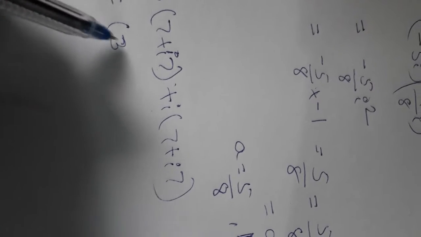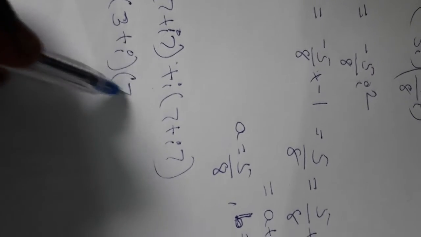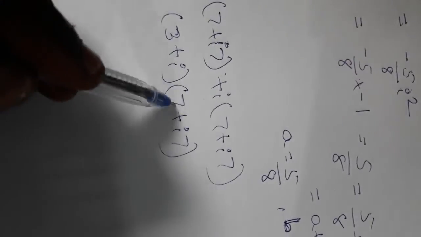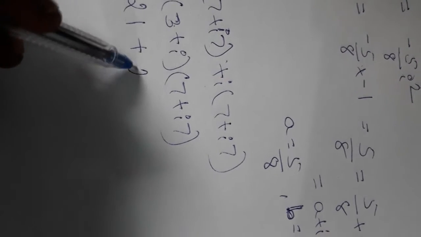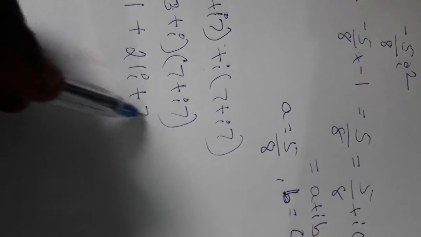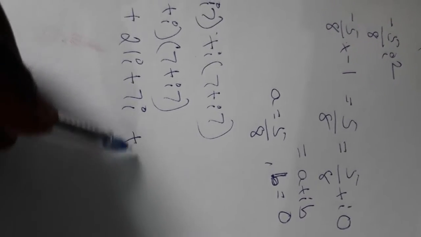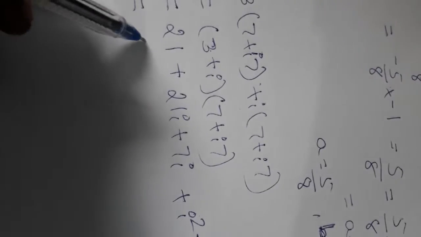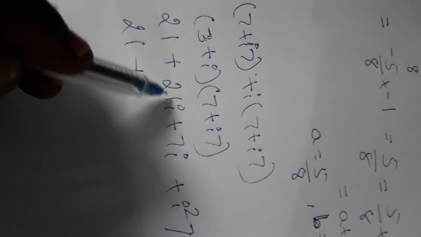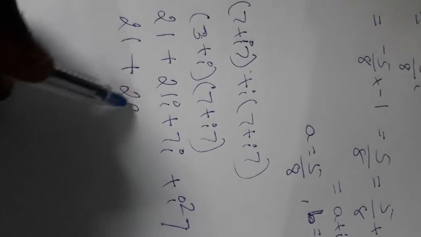So it is 3 plus i into 7 plus i times 7, which is equal to 3 sevens are 21 plus 3 sevens are 21 times i plus 7 times i plus i square into 7, which is equal to 21 plus 7, 28 times i minus 7.